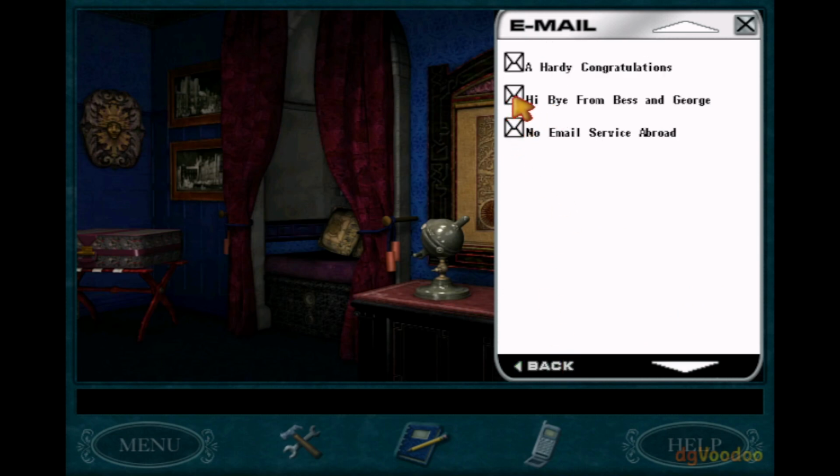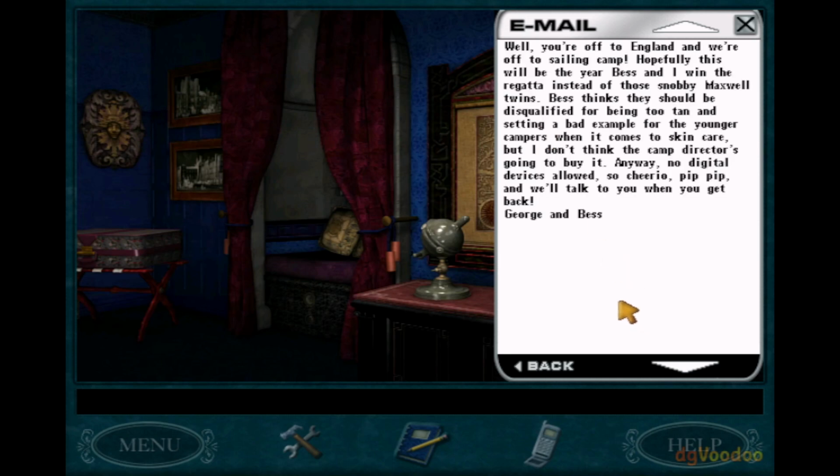Hi, bye from Bess and George. Well, you're off to England and we're off to sailing camp. Hopefully this will be the year Bess and I win the regatta instead of those snobby Maxwell twins. Bess thinks they should be disqualified for being too tan and setting a bad example for the younger campers when it comes to skincare.